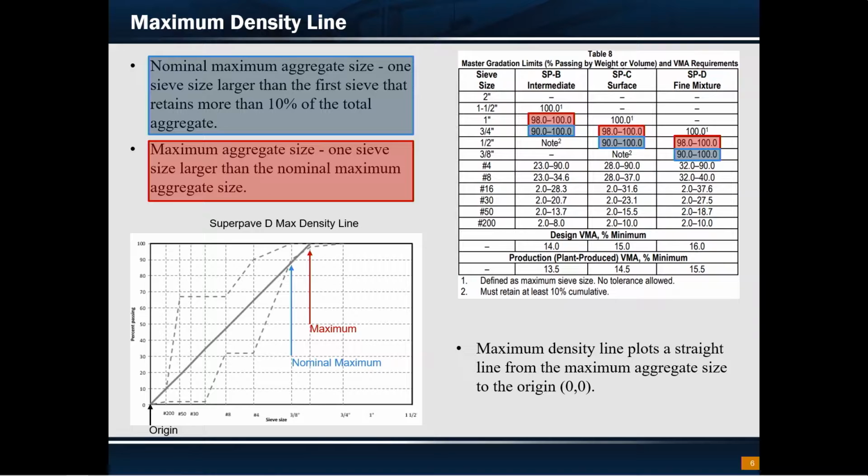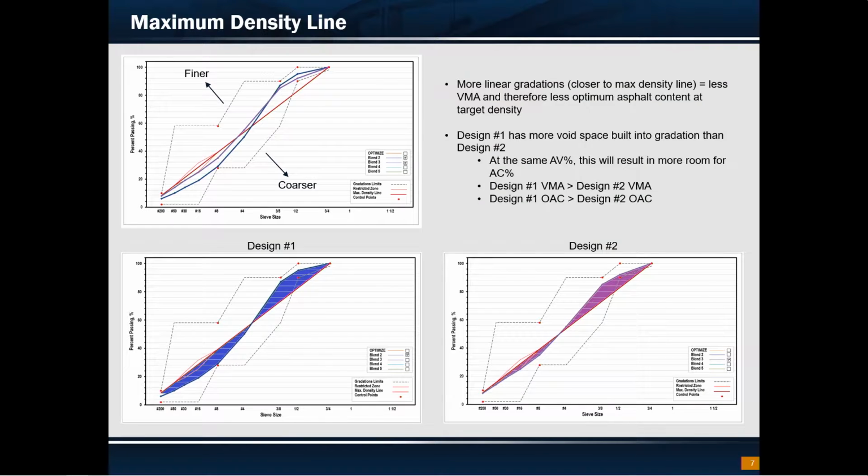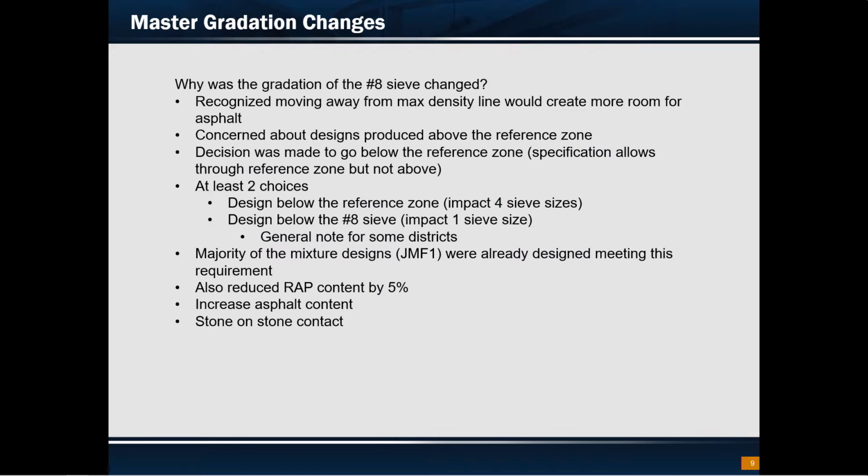But in addition to that, on this slide what's highlighted in red and what's highlighted in blue are typical maximum aggregate sizes and nominal maximum aggregate sizes. But remember, what we're calling our nominal maximum aggregate size is 1 sieve size larger than the first sieve that retains more than 10% of the total aggregate, right? So that could vary based on the design, and based on your materials and how you put those materials together. Gotcha. Okay, very good. Hopefully that answered the question.